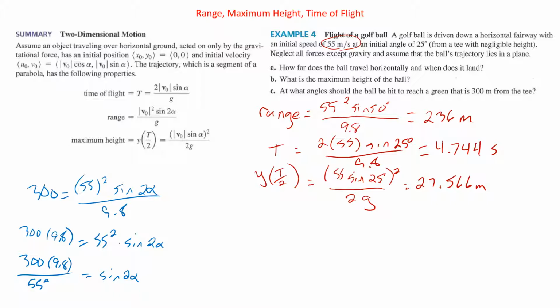Anyway, so we get this 300 times 9.8 divided by 55 squared, which is just a number. And then we can take the inverse sine of that number. So we'll go over here. 2 alpha will be the inverse sine of this crazy 300 times 9.8 over 55 squared number, which is going to be about 0.972.